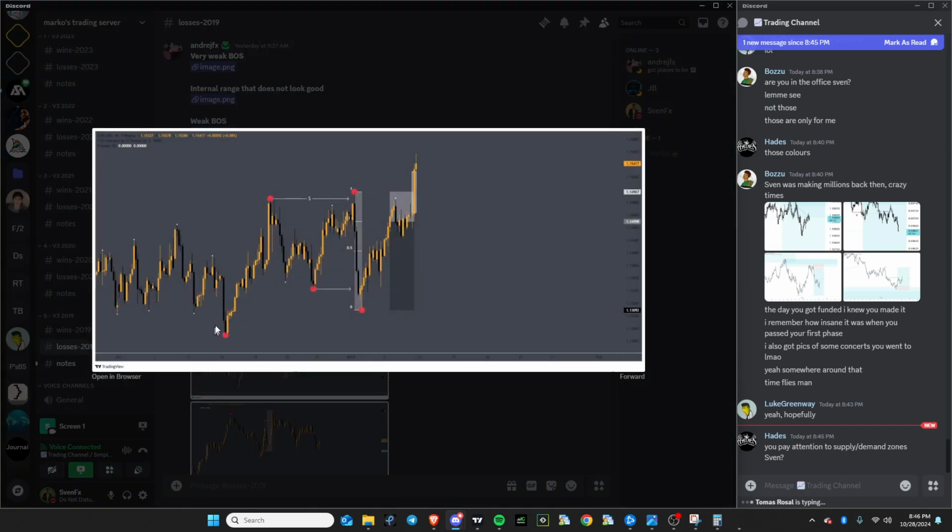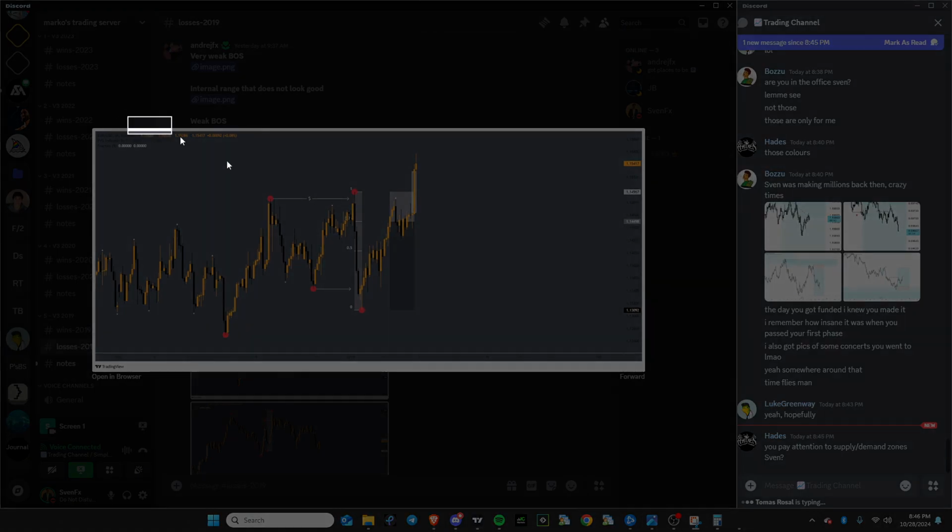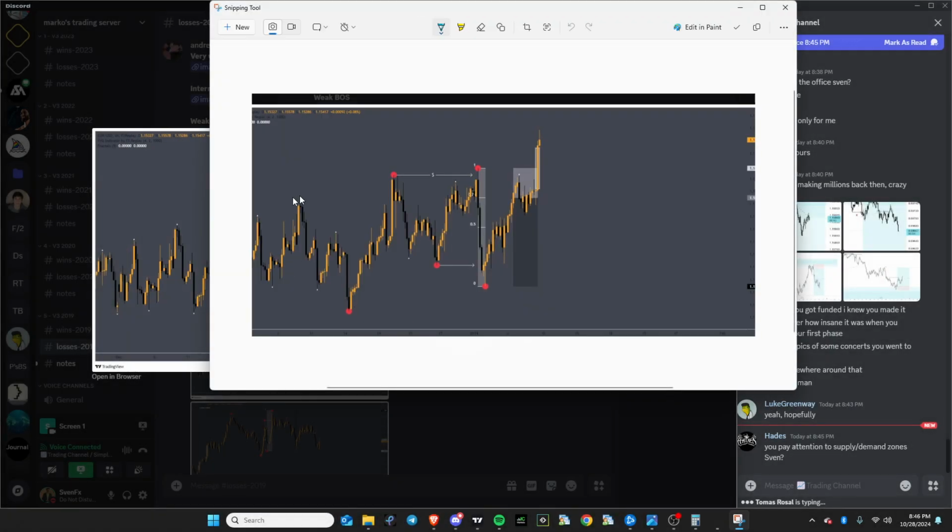Right, it's not necessarily because it's a demand zone. For example, right here, it's mainly because of structure. You see how we have that high, that low, that higher high. Essentially, you're still playing within that range. That's what I'm looking at, not necessarily because it's a demand zone down there.